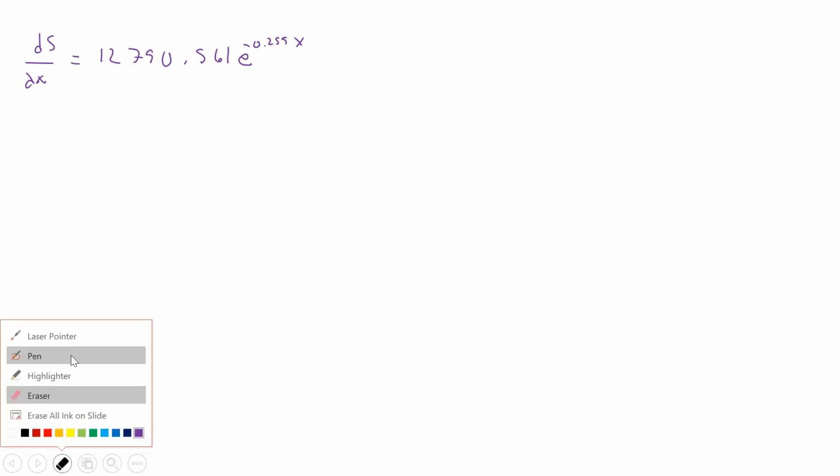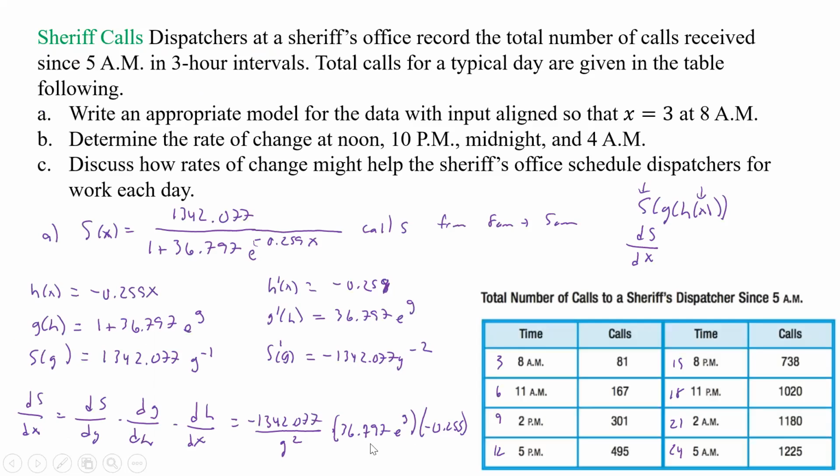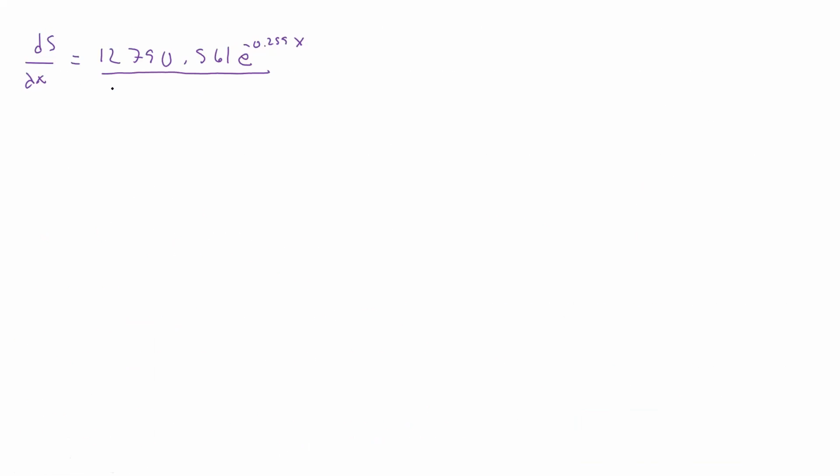I'm just going back and forth between 2 pages, which is hard. Now it's over g squared, so it's over this whole thing squared, and so that's all over 1 plus 36.797 e to the minus 0.259 x, squared. All right, so now I think I've got the number e to the power over that whole thing squared. Okay, so that's my derivative.